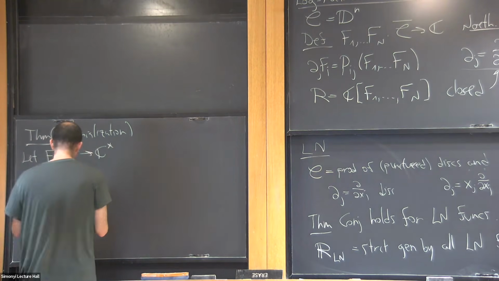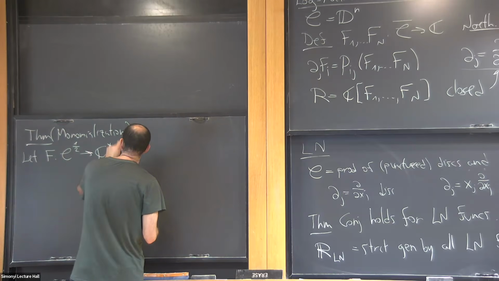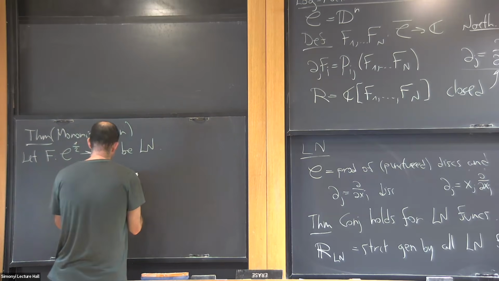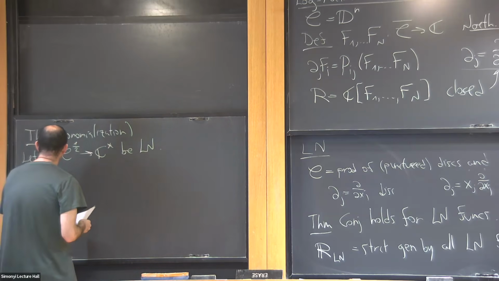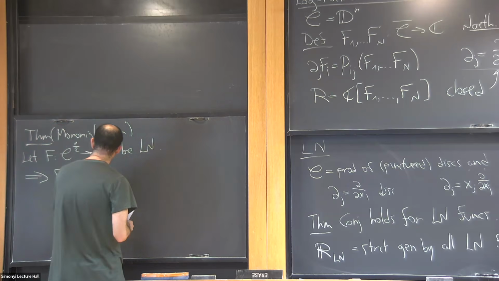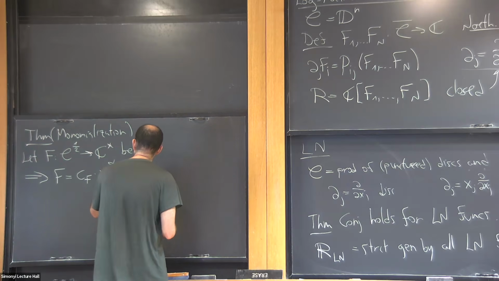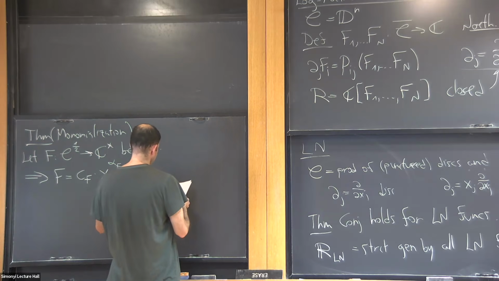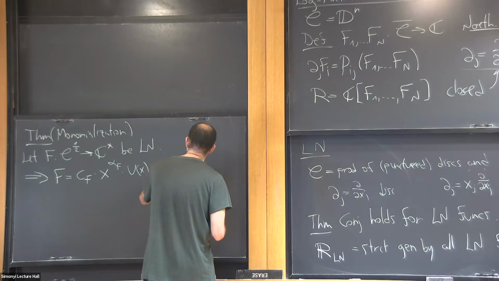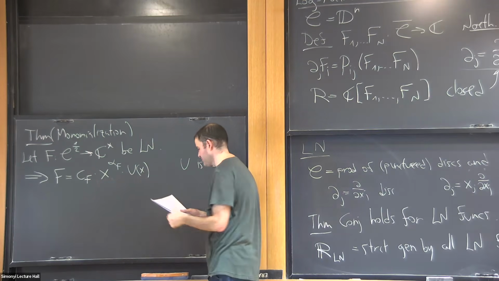So if they're non-vanishing, and it's ln, then I claim that you can always write f in the form some constant, depending on f, times x to some power, a monomial, times a unit u, where u is ln. You can take out a monomial and you'll be left with an ln function.